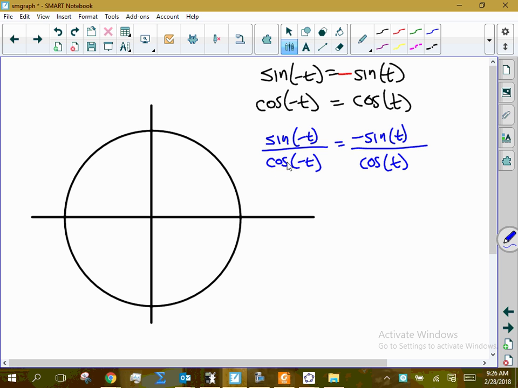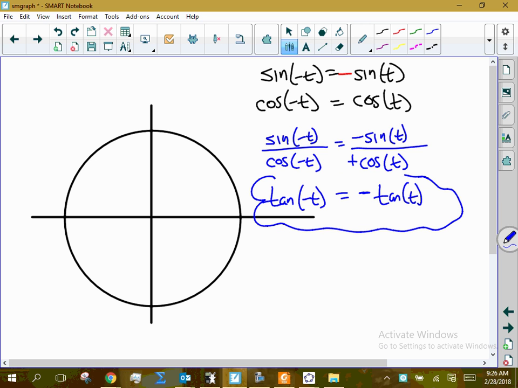What's sine of negative t divided by cosine of negative t? Tangent of negative t. And this would give you then, what's sine divided by cosine? Tangent. It's a positive argument now, but this was a negative and this was a positive, right? So there's where that negative comes back. And there's then the property for tangents.